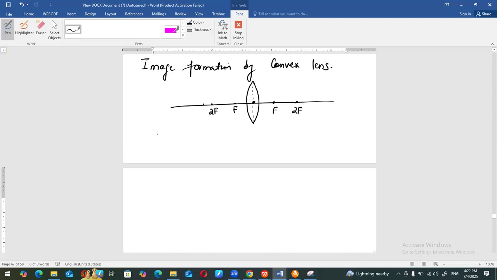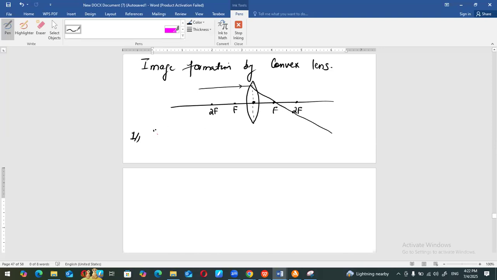Now, to form an image, there are some properties of the rays that are passing through the convex lens. First ray: the ray which is parallel to the principal axis, after refraction, always passes through the focus.